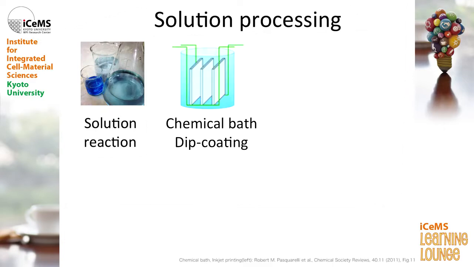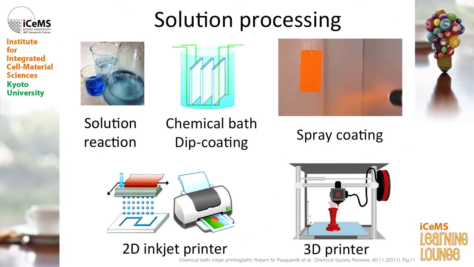Of course, you can think of modifying or transforming your material directly in solution, a very homogeneous reaction. But you can also think of doing deposition by chemical baths or dip coating methods. And you can also think of more, I would say, exotic processes, such as spray coating, two-dimensional printers, or three-dimensional printers. So here you have a high control over the final devices you're making.